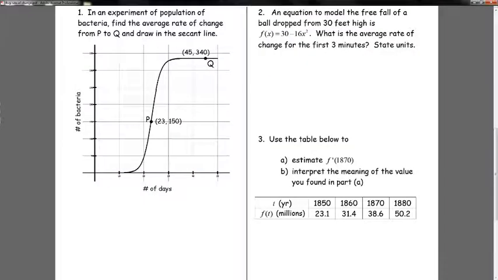Alright, let's look at a couple examples. Number one, in an experiment of a population of bacteria, find the average rate of change from P to Q and draw in the secant line. Well, let's get our points here. P is at 2350. Q is at 4530, and once again I'm drawing that secant line. Remember, it hits it twice. Let's see if I can draw a straight line here.